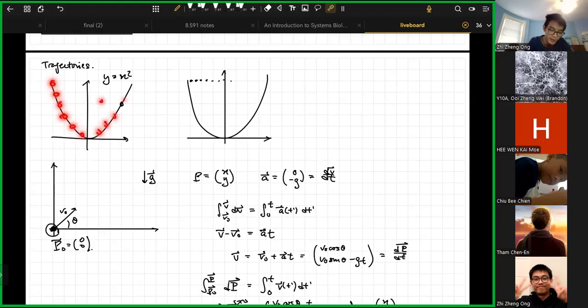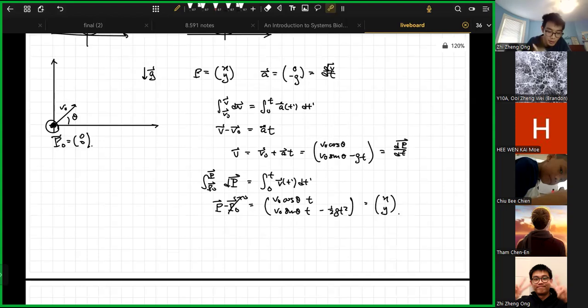Same thing over here. You can ask yourself, at this time, is the particle going to be here? So time is something that parameterizes the trajectory, as one says.